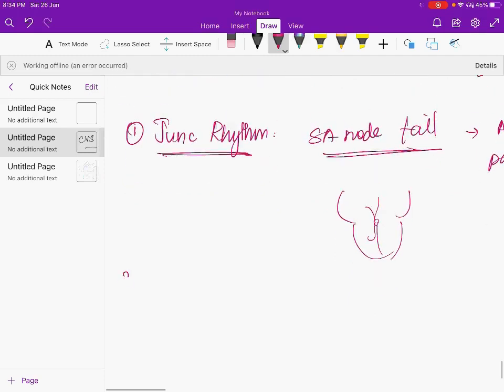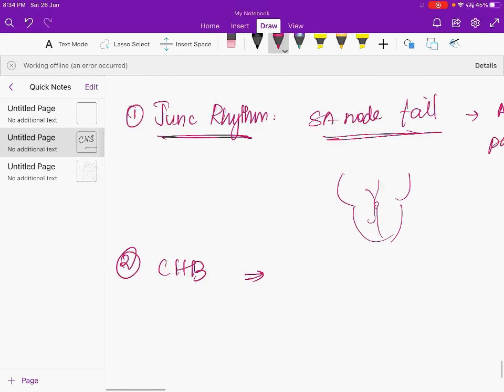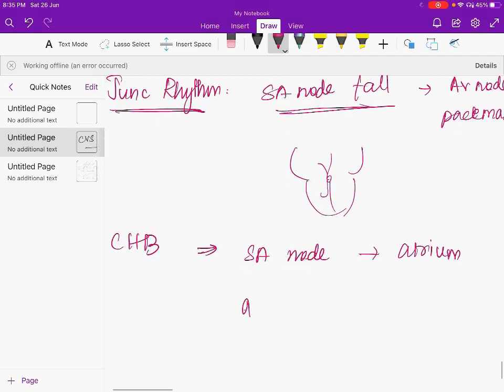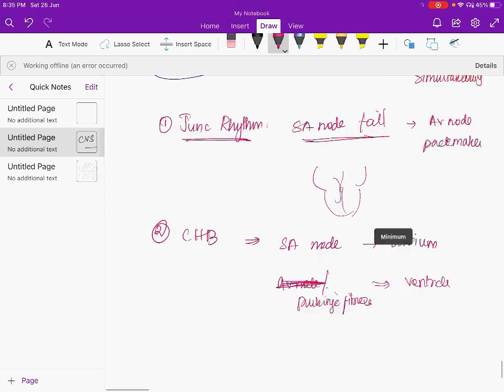So next cause, as Hafiz told, complete heart block. In complete heart block, the SA node will depolarize your atrium, and your Purkinje fiber, not AV node, your Purkinje fiber will depolarize your ventricle. So what happens?